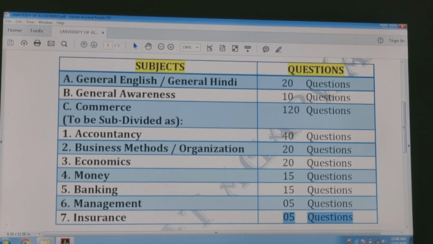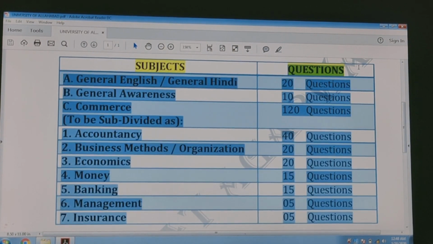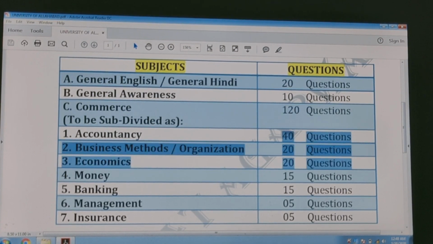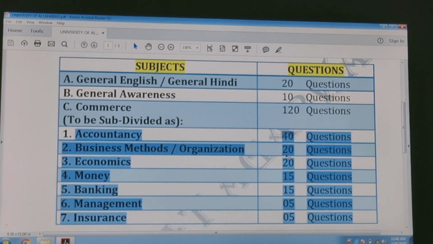Now that we have already studied the subjects and the number of allotted questions, once again I'm highlighting all this. There are 3 aspects: general English or Hindi consisting of 20 questions, general awareness consisting of 10 questions, then commerce consisting of 120 questions, which is further divided, as I've already shown, into 40 questions for accountancy, 20 questions for business methods, 20 questions for economics, 15 questions for money, 15 questions for banking, 5 questions for management, and 5 questions for insurance.